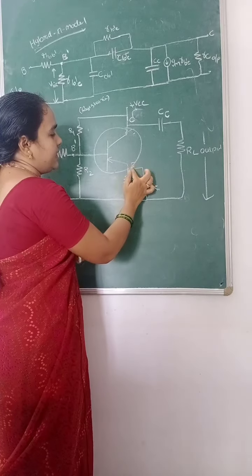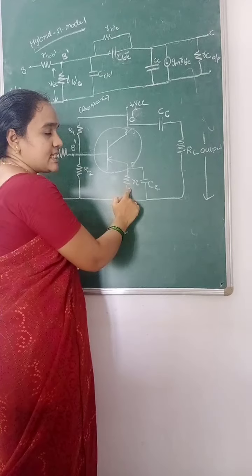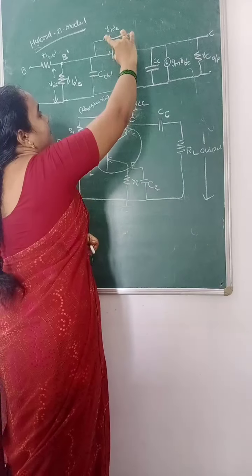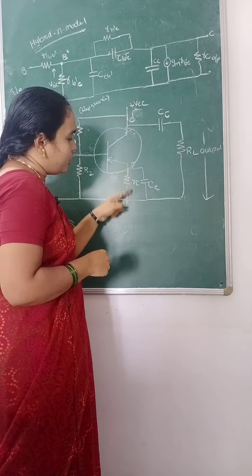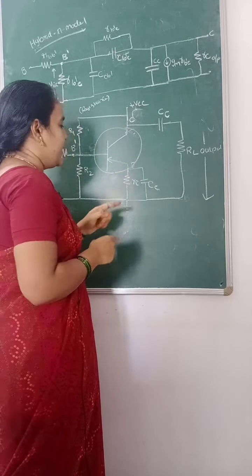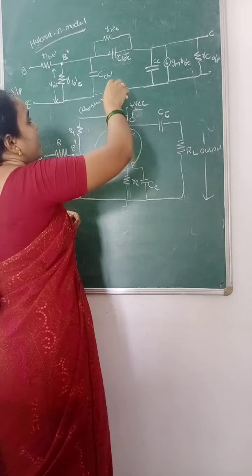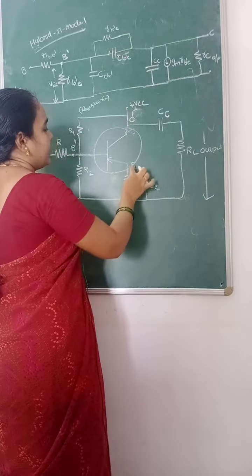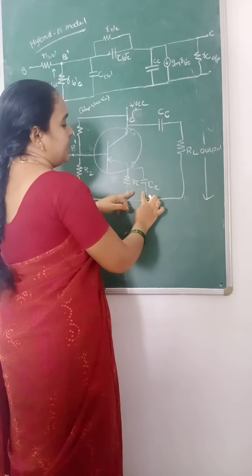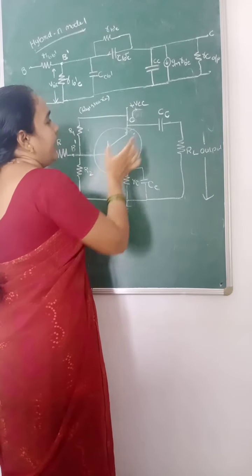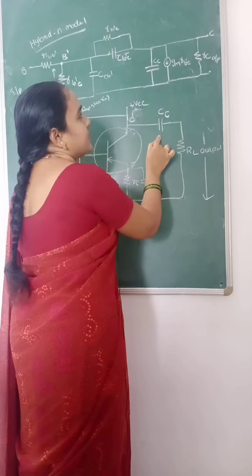And between this emitter and interbase region we will have a resistance and capacitance in parallel combination. Since these are the two small elements which are connected between the emitter and the base terminal, here we have replaced with R B dash E and C B dash E. And at the output we will have a collector capacitance, same one.